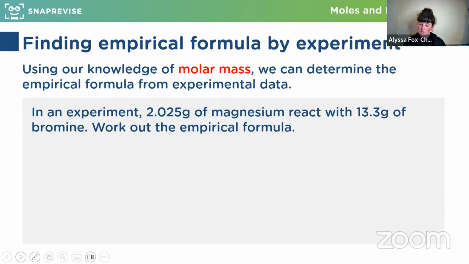So we need to work out the ratio of atoms of the elements. That means we're going to need to use our molar equation, our Avogadro's constant equation, to determine how many moles of each we've got. So what's our equation?